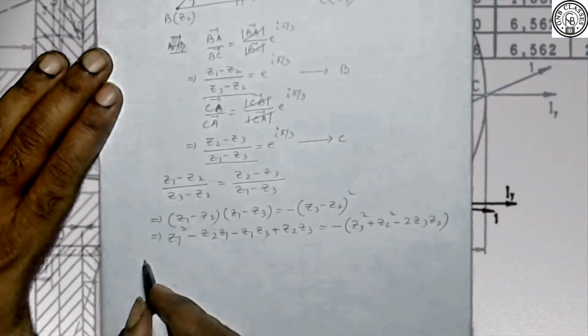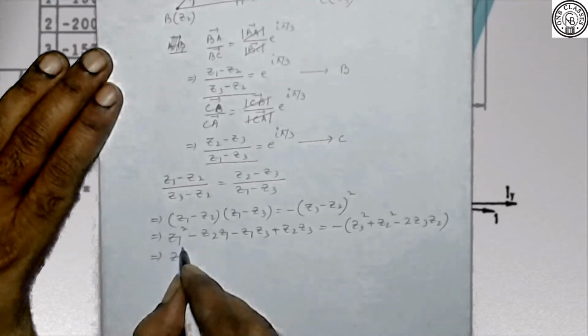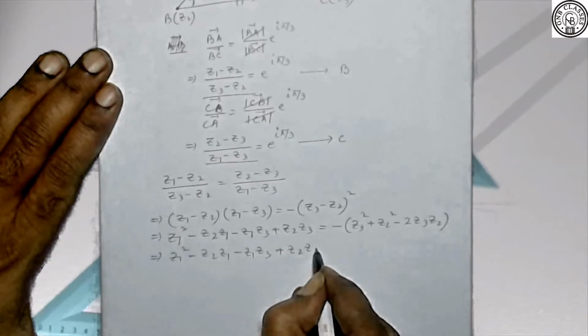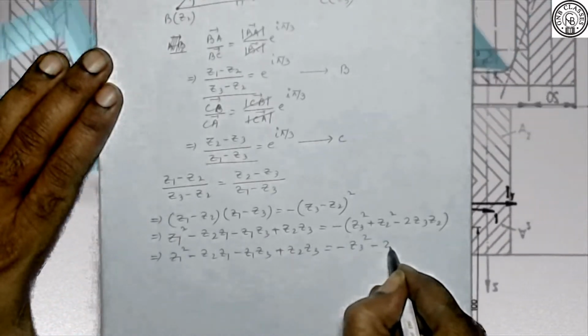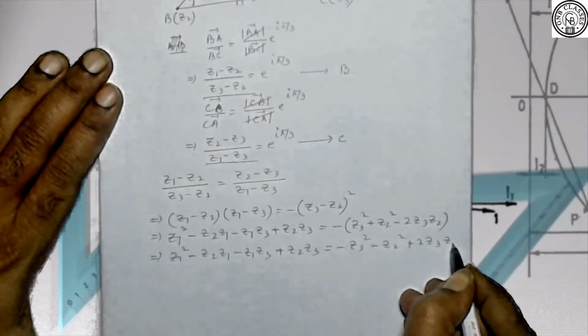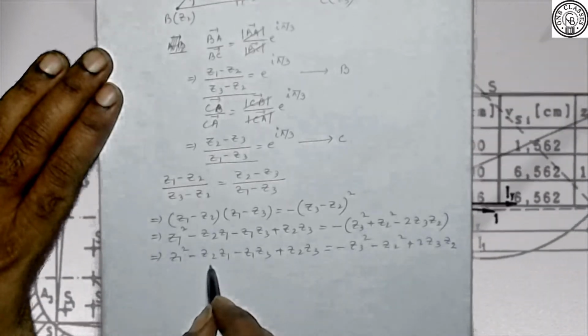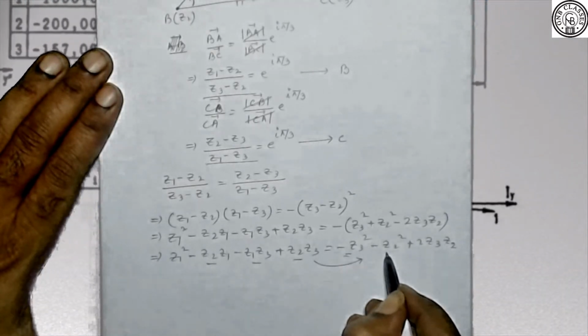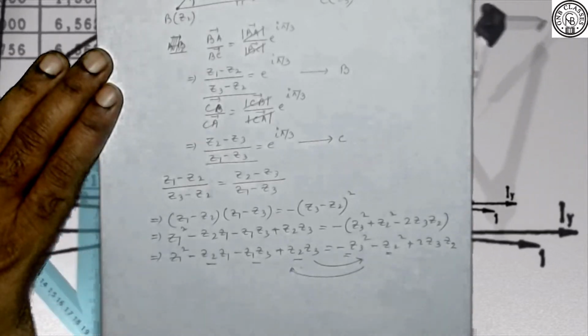Now let me open the brackets. Let me take this Z3 term to the right hand side and this Z2 term to the left hand side. So what do we have?